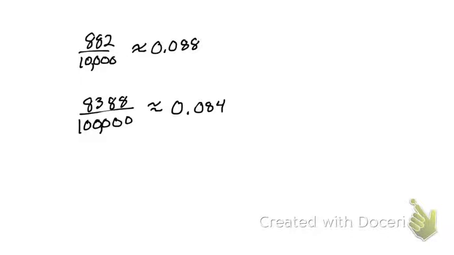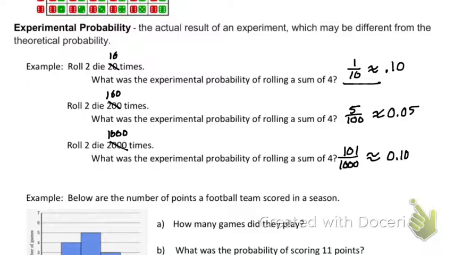There is something called the law of large numbers. With probability, the more times you do something, the closer it's going to get to your theoretical probability, as long as your theoretical was correct. Kind of like if you flip a coin. You have a 50-50 shot of getting either one.